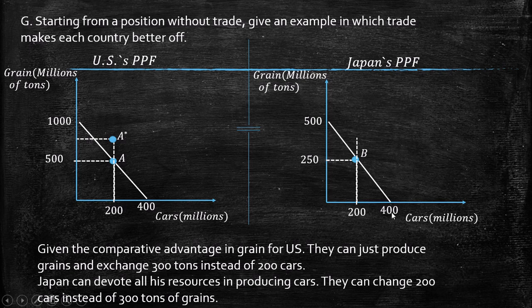Japan produces 400 cars, but they have to give 200 to the United States, so they have 200 for consumption in their country. On the other side, the Japanese people receive 300 tons of grain, measured in millions of tons. So here we have this part, and we see how they reach a better point. We have demonstrated how, with trade, all countries are better off.